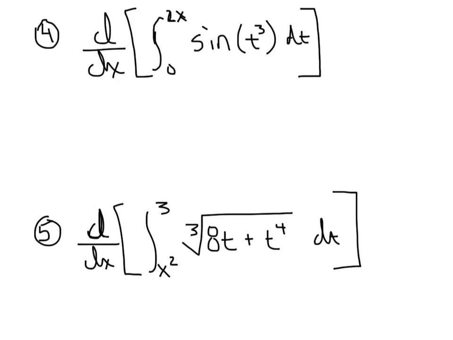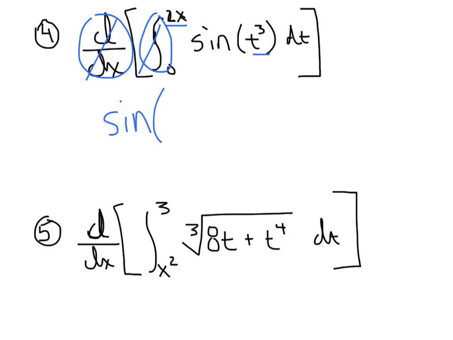Alright, on the first one, again, you've identified that I need the second fundamental theorem because we are trying to derive an integral expression. We know that they're going to offset each other. The only thing I need to do is to substitute the 2x in for t. Now, the mistake I'm worried about happening is the fact that we need to cube both the 2 and the x.